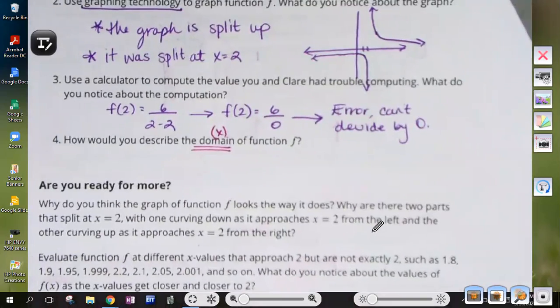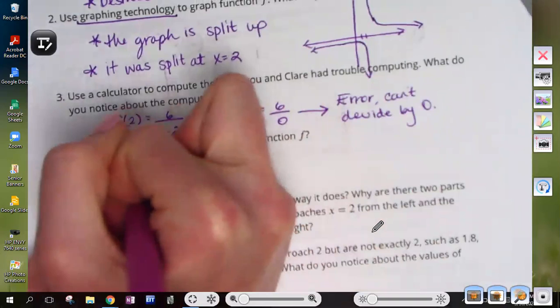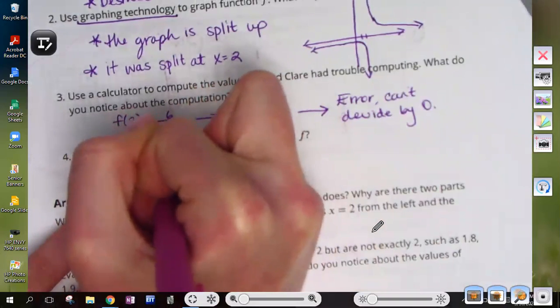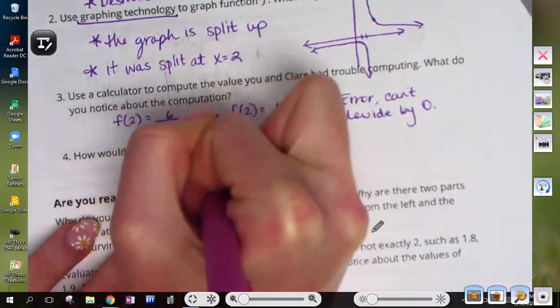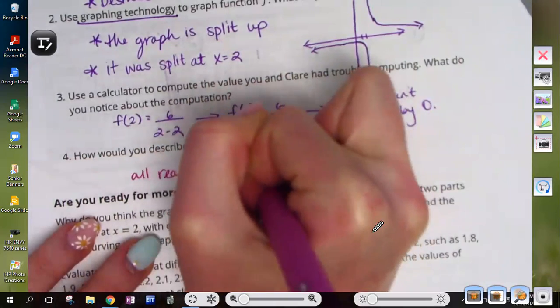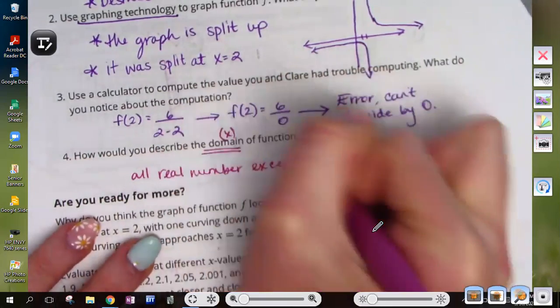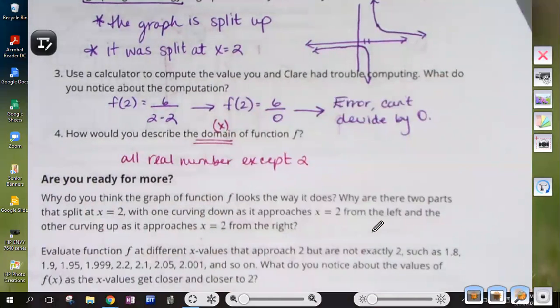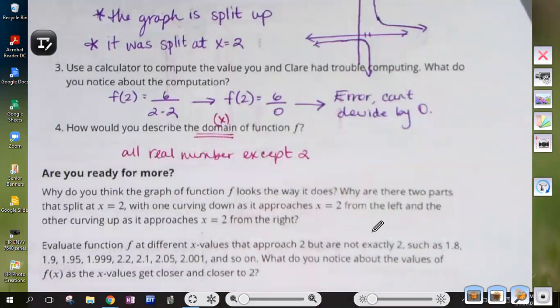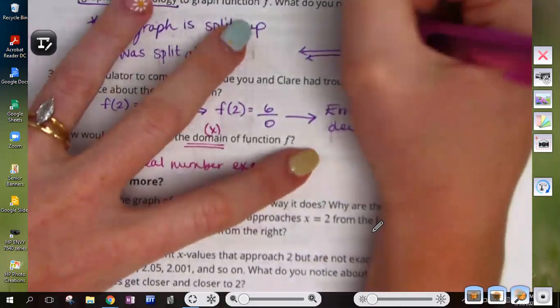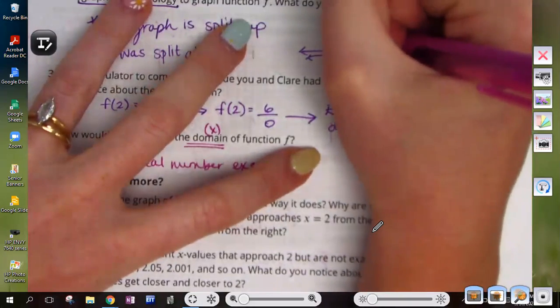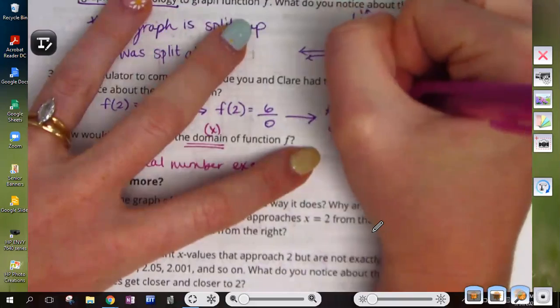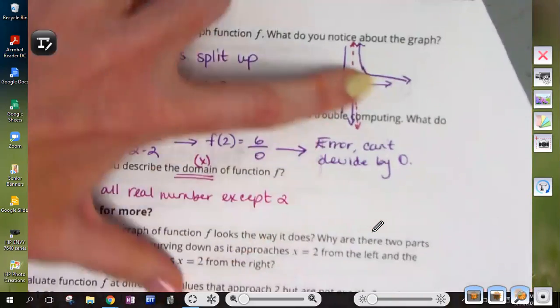Okay, so when we're talking about the domain of this, it's going to be all real numbers except what? 2. Okay, so all of our x values can be any number ever except 2, because that is where my graph is split up there.